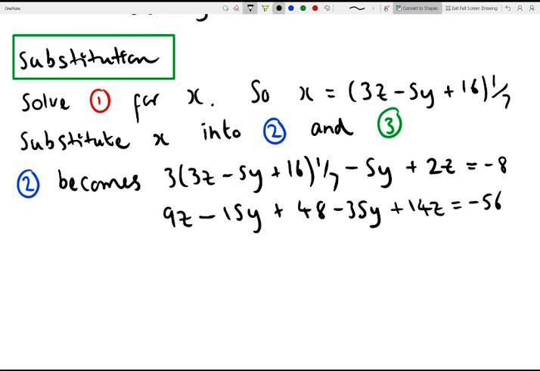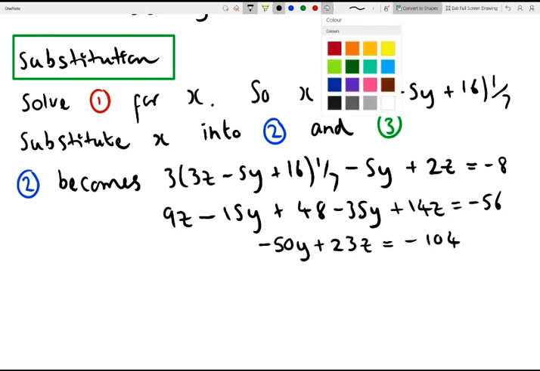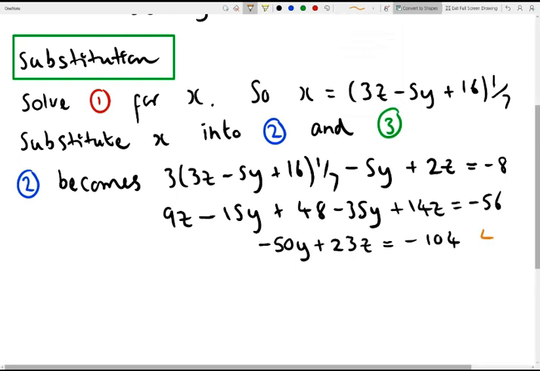Now simplifying this one more time, we have minus 50y plus 23z is equal to negative 104. And let's label that equation 4.